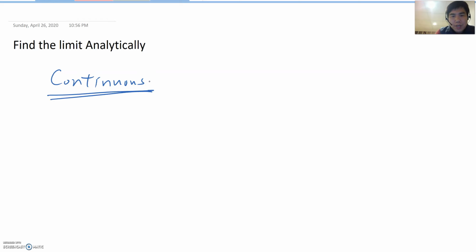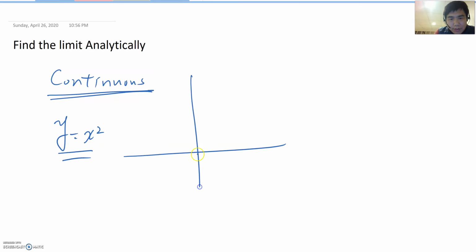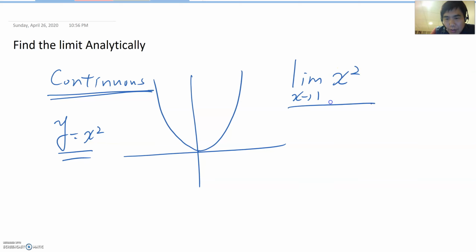One example: let's say we have the graph y equals x squared. I can draw it something like that. And let's say you want to find the limit at x equals 1, the limit as x moves to 1 of the x squared graph.